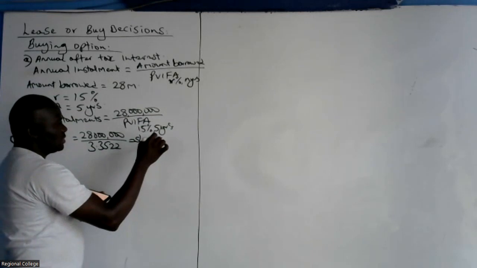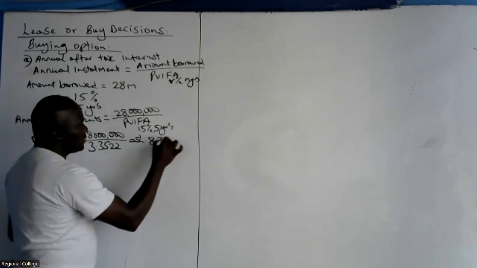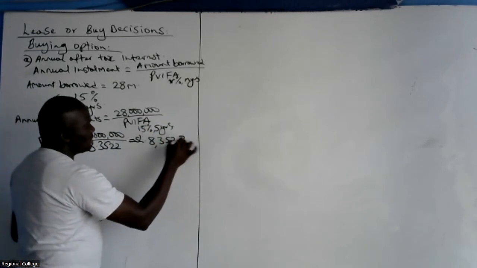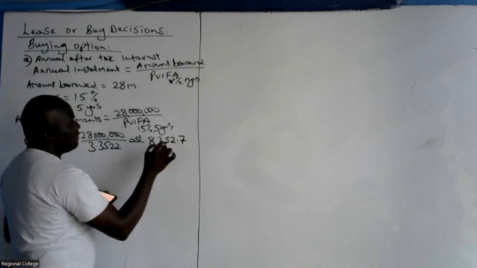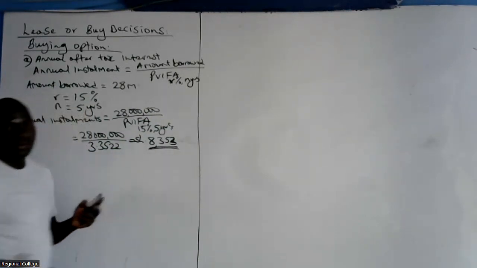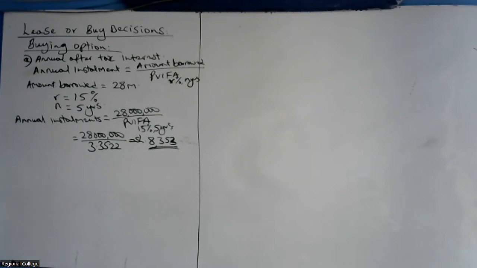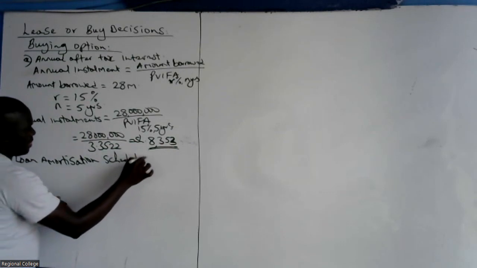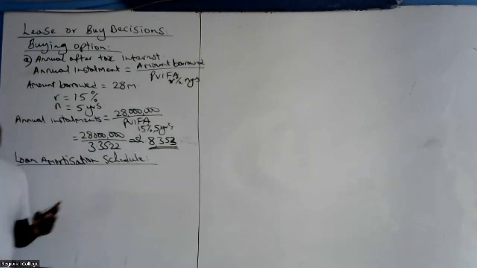So how much do we pay as installment each year? 8 million. 83.53 in thousands of shillings, right? Is that okay? Computers sometimes give different answers. Then we prepare the loan amortization schedule.